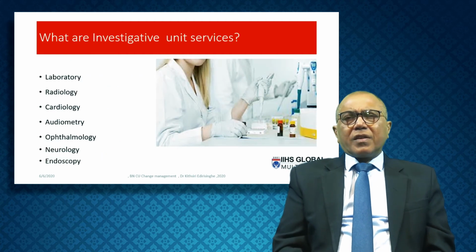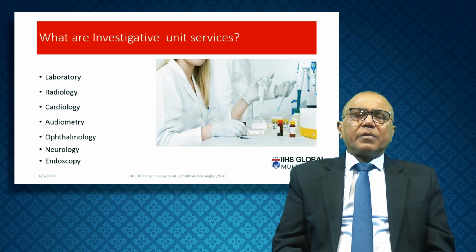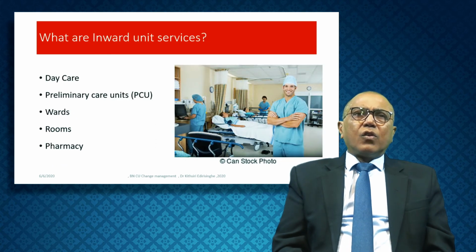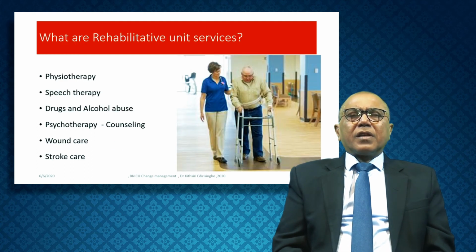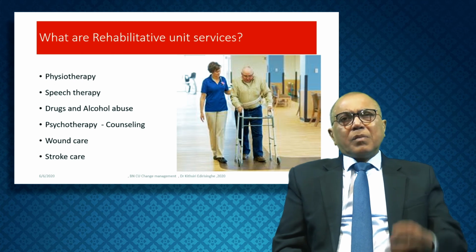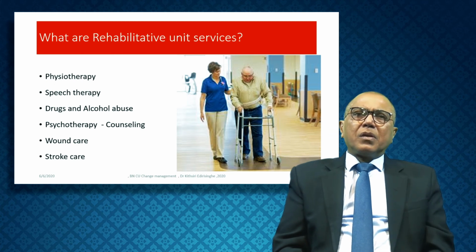Look at the investigative care, basic ones which are mentioned here, different types of investigations. And then in-ward care, daycare, primary care units, wards, rooms and pharmacy. And then, of course, high dependency units, all this. And then rehabilitative care units. These are the many. I just gave simple points to understand.